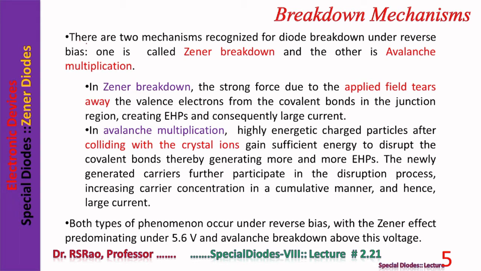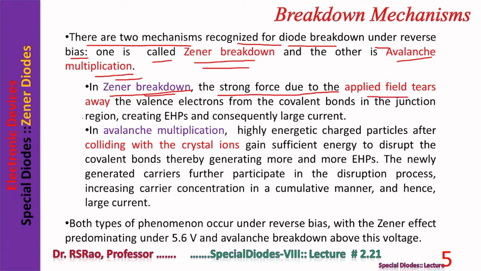Some more points can give us a deeper understanding of the functioning of breakdown diodes. There are two mechanisms recognized for diode breakdown under reverse bias. One is called Zener breakdown, the other is called avalanche multiplication. In Zener breakdown, what happens? The strong force due to the applied field tears away the valence electrons from the covalent bonds in the junction region, creating electron hole pairs and consequently large current.